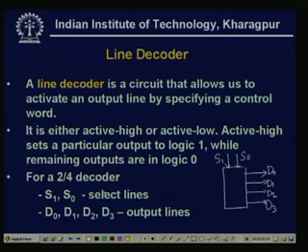These S0, S1 are called the select lines. By applying a particular pattern on the S1, S0 lines, which we call the control word, one particular output line can be made high or low. This is the function of the decoder. So, this is my 2 to 4 decoder.